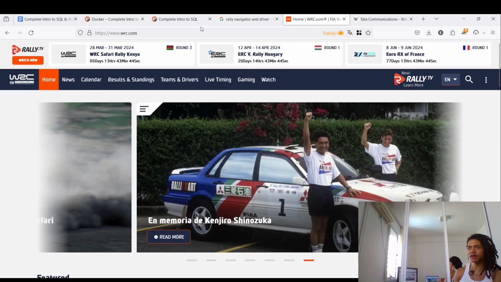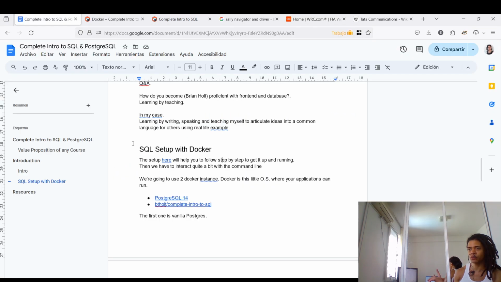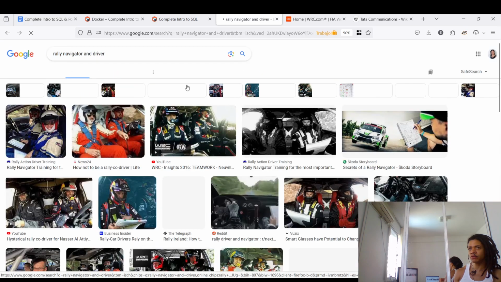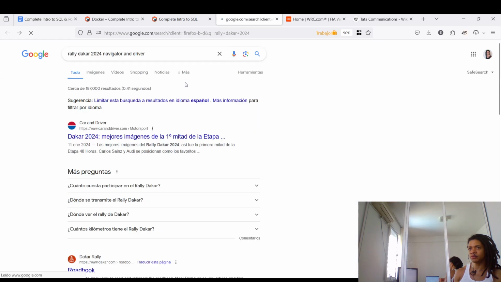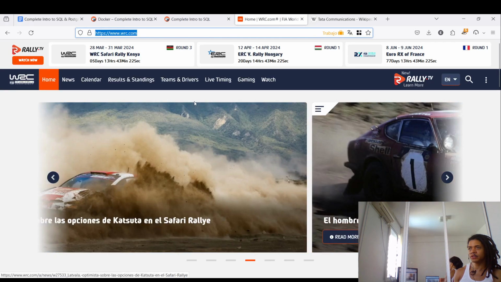But the idea of looking at this is just as a way to look at the relationship between the way you learn things here, the database here, the rally and the navigator.